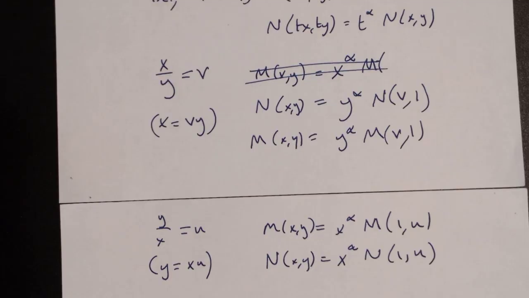That means if my functions are homogeneous, if m and n are both homogeneous of the same alpha, I can use one of these substitutions. And if I'm lucky, the result is separable. Not just exact or linear, but separable.